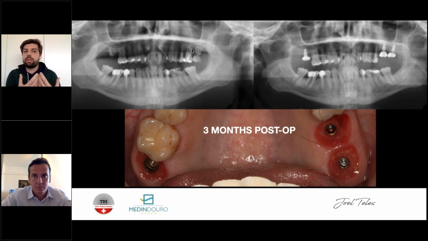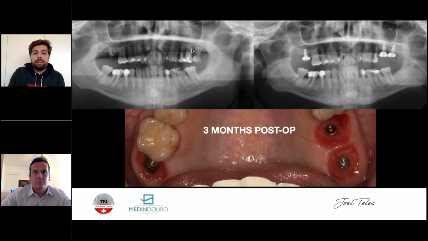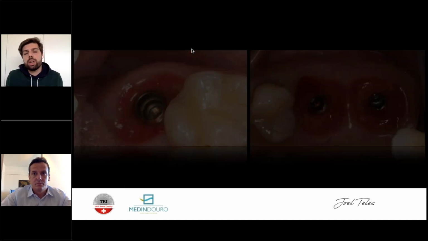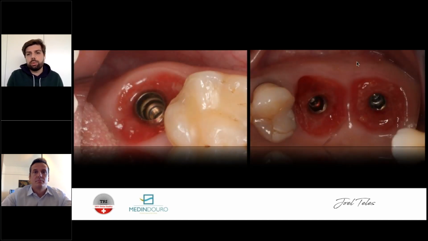If the CT scan shows me some opportunity that I can use, I will use it and I will perform immediate loading. Because even if you do a socket preservation, you will not get to this result. After the second surgery, you do the ridge preservation, you go in a second time, and already you lost the papilla, already your tissue is flat.